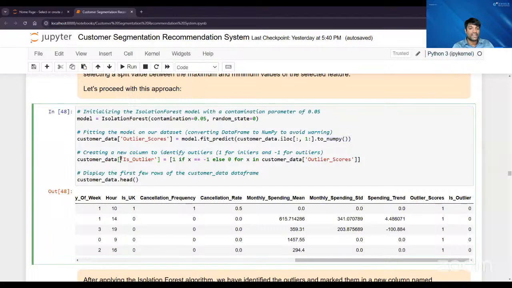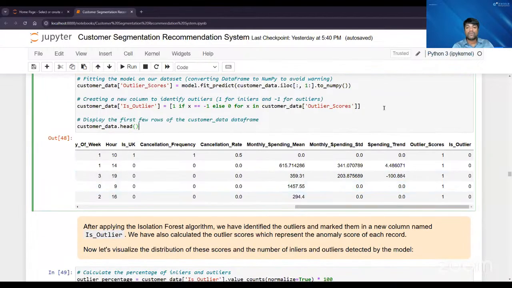I'm going to create a particular column: if that particular value is equal to -1, give 1, and if it is 0, give it as 0. That will help you to identify the outliers.